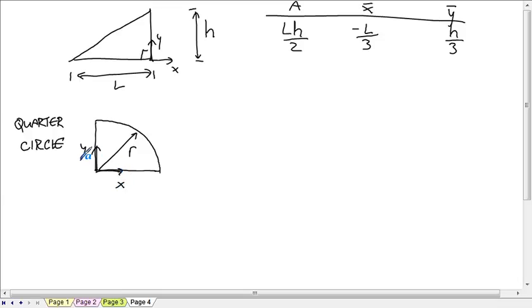The area is pi r squared over 4. And the centroid is 4r over 3 pi x and 4r over 3 pi y.